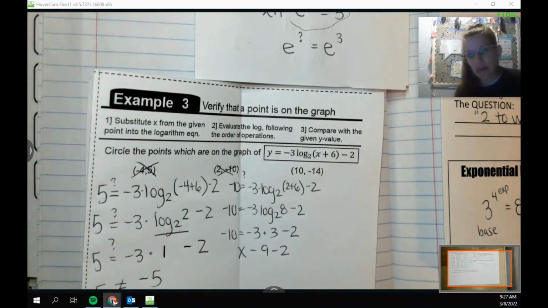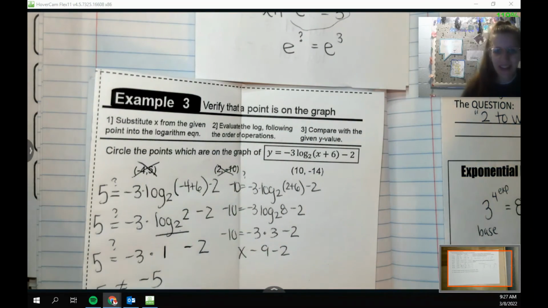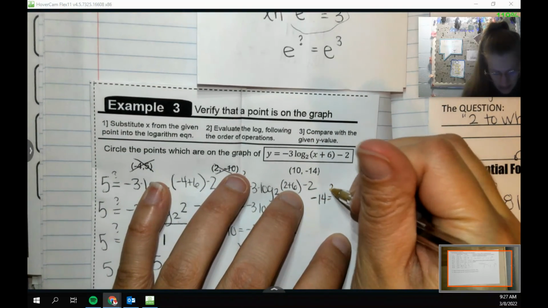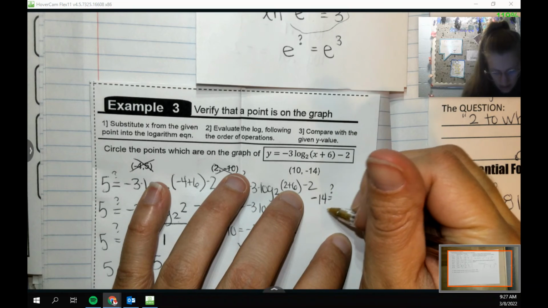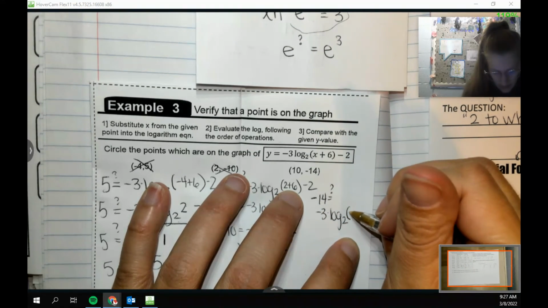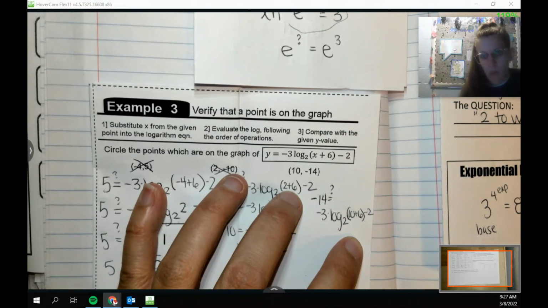Goodness gracious, it must be this last one. And I have no room for it. Let's try our best here. So we're going to have -14. Does that equal -3 times log base 2 of 10 plus 6 minus 2?